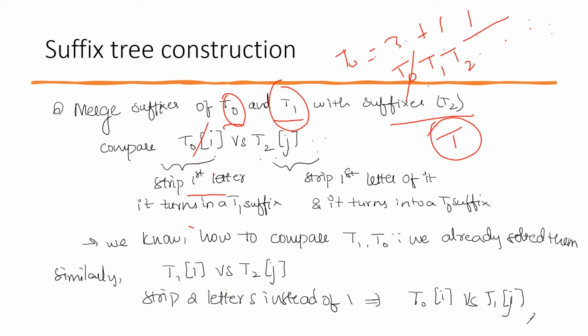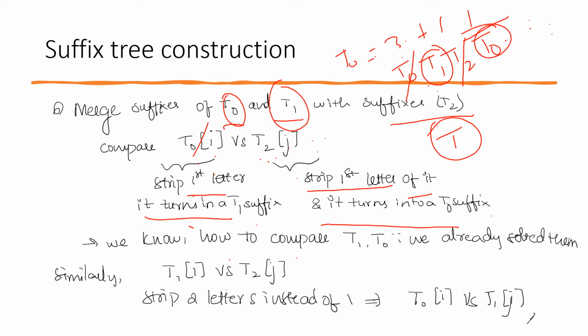So when I strip the first letter, it just gives me the T1 suffix. Similarly for T2, if I strip the first letter of it, again it comes to T0, so it turns into a T0 suffix.